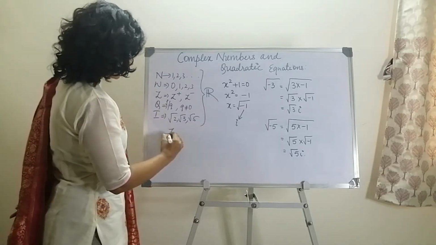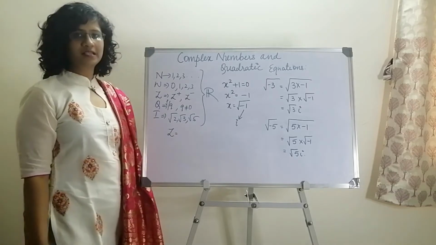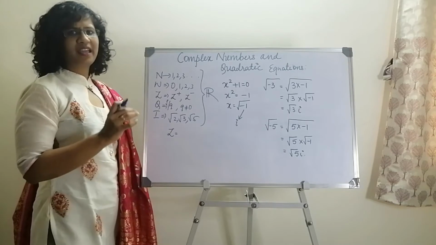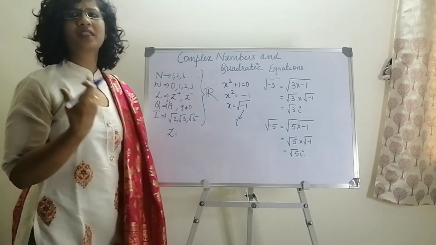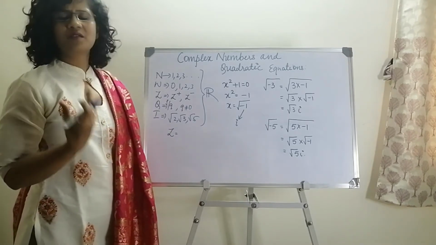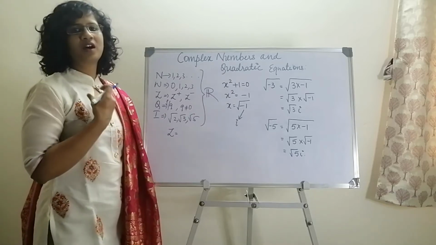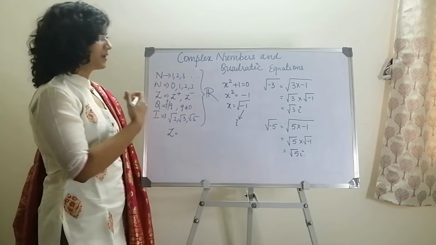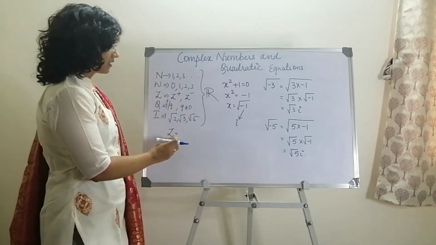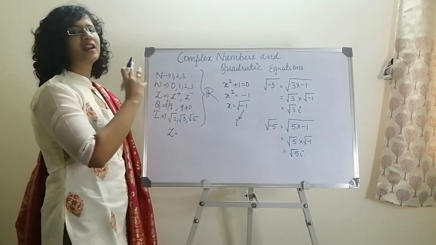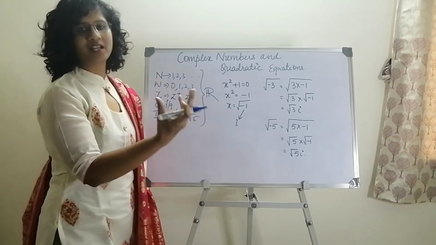A complex number is denoted by capital Z. This notation is standard. You can denote it with any particular alphabet as well, but the standard notation for writing a complex number is Z. And a complex number is always the addition of a real number and an imaginary number.